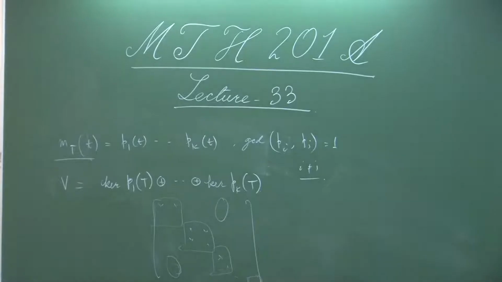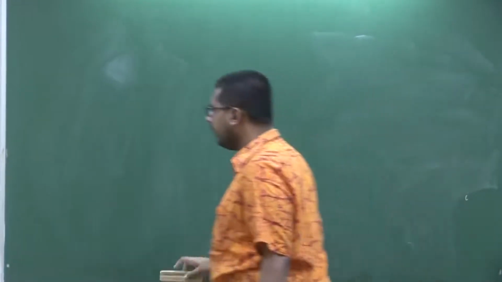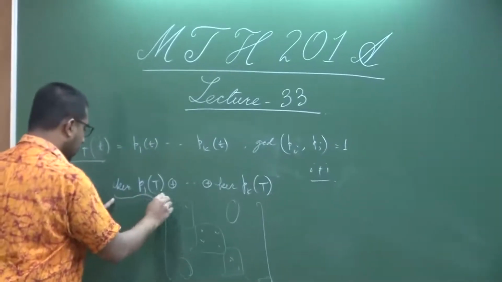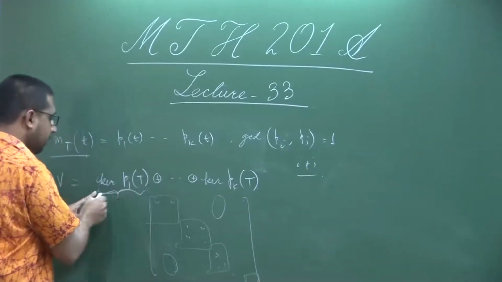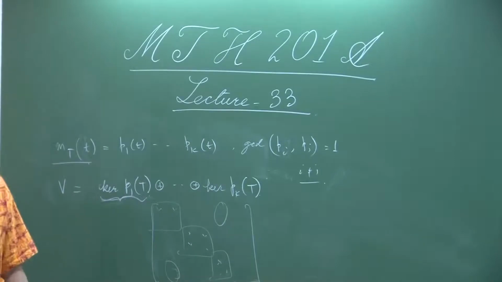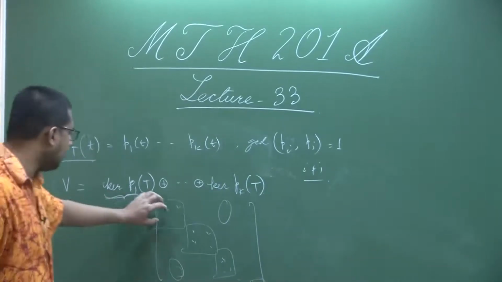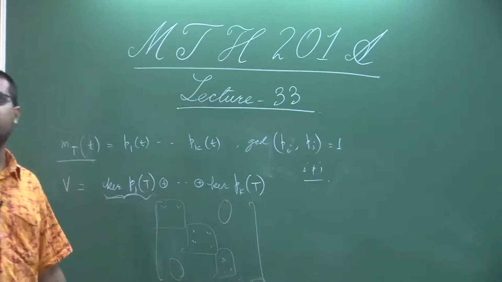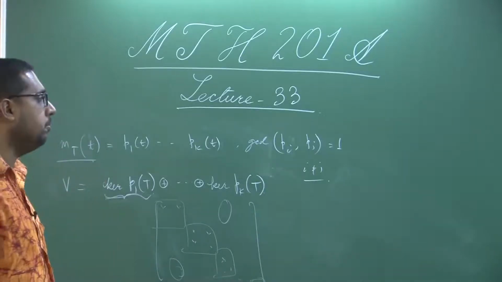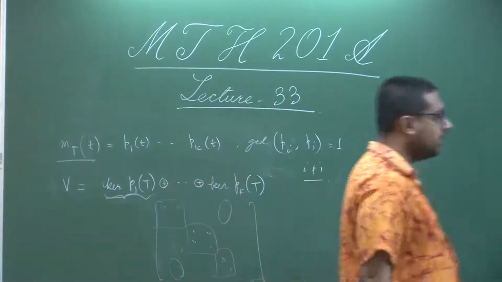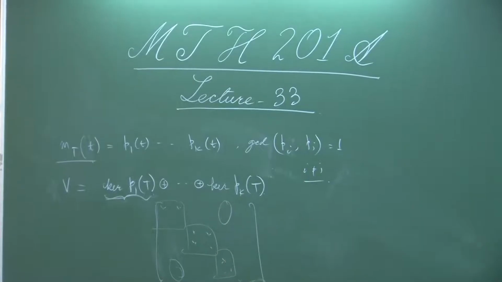So, what I will do now is, I will try to choose an appropriate ordered basis for each of these kernel p_i's so that this ith block becomes simpler. Simpler means in the sense that I have already talked about.